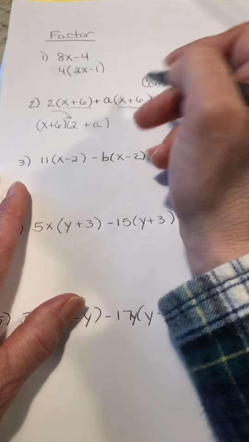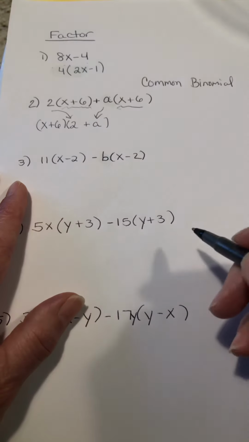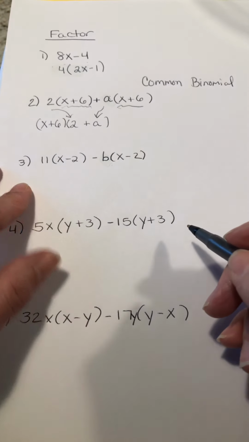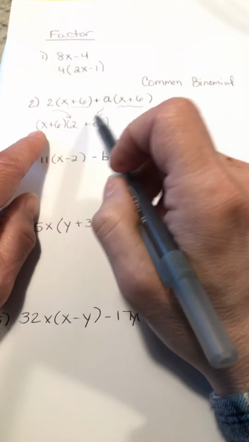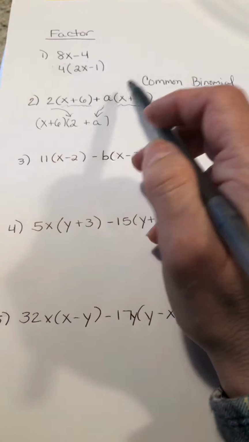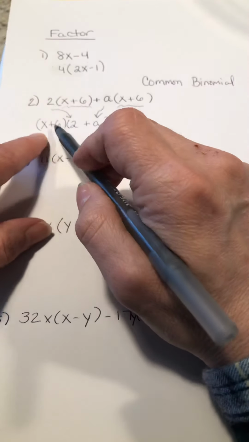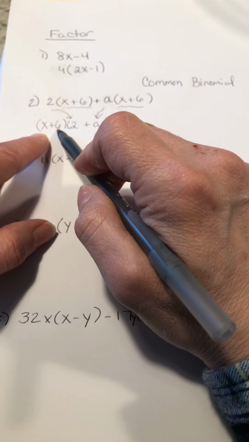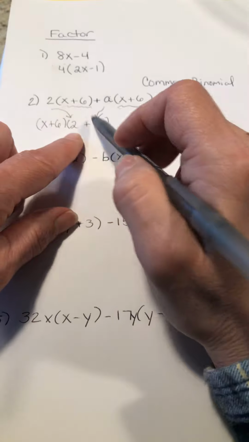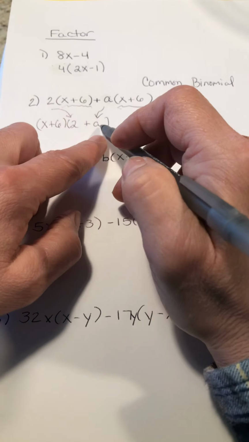So the 2 comes over here, and the a comes over here. And if I were to distribute that back, I would get what I started with, essentially. So we have our common binomial, the x plus 6 goes over here on the outside of the parentheses, and then we have our 2, and then plus the a.